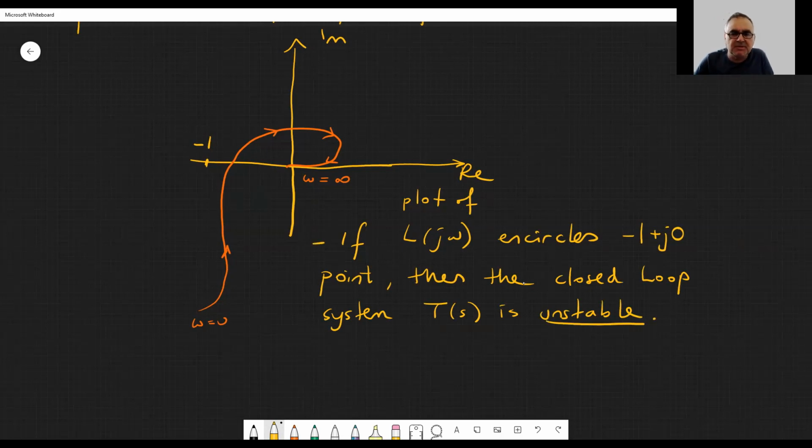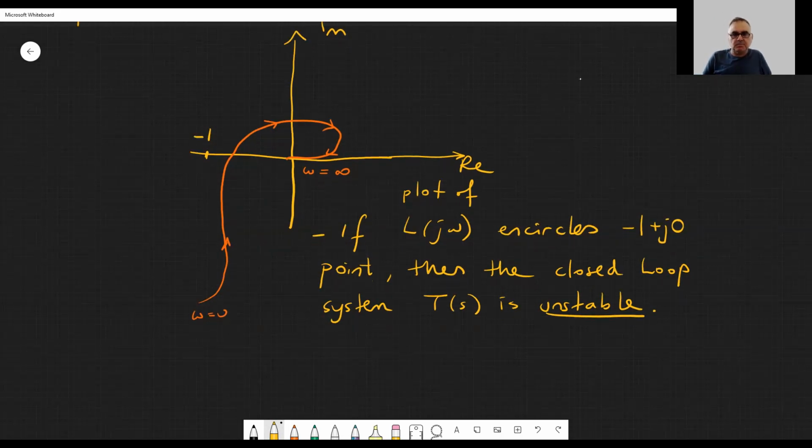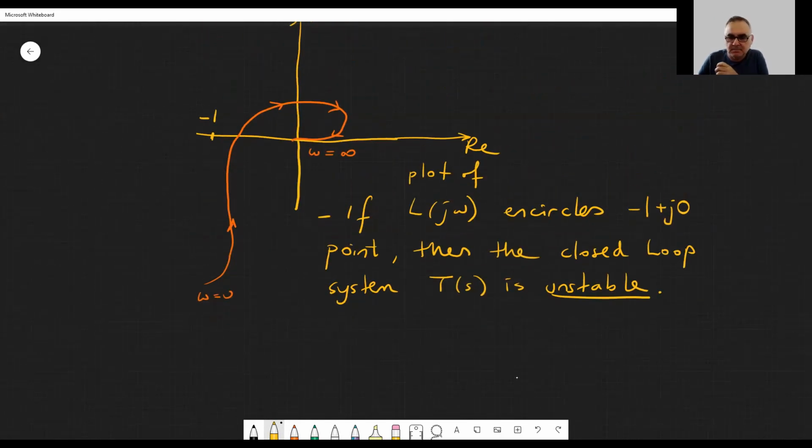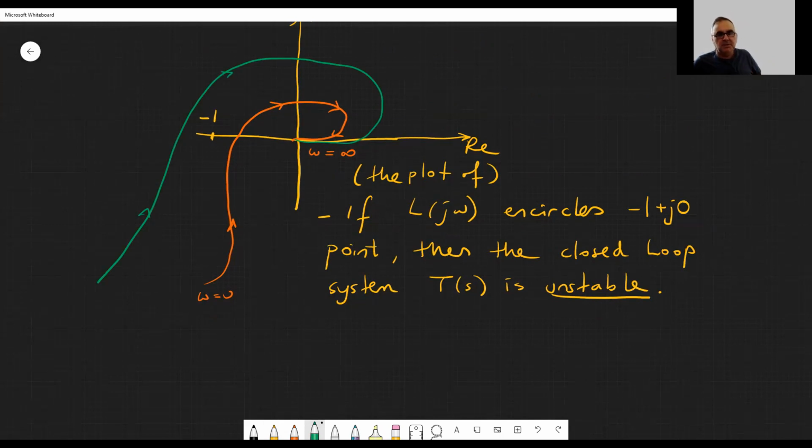This is the Nyquist criterion. If the plot of the open loop transfer function L of j omega encircles this -1 plus j0 point, then your closed loop system is going to be unstable. For example, this plot I have drawn here is a stable one. But this one, which encircles this -1 point, gets it inside of its curve, and this one will be unstable.